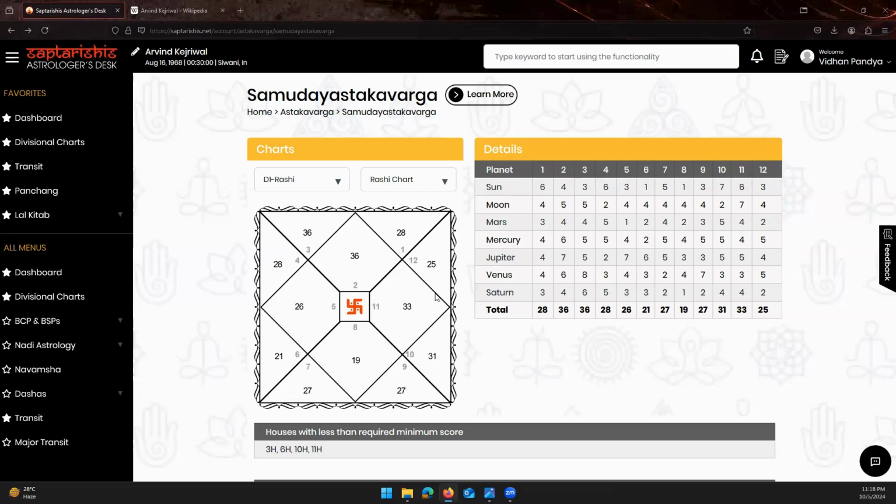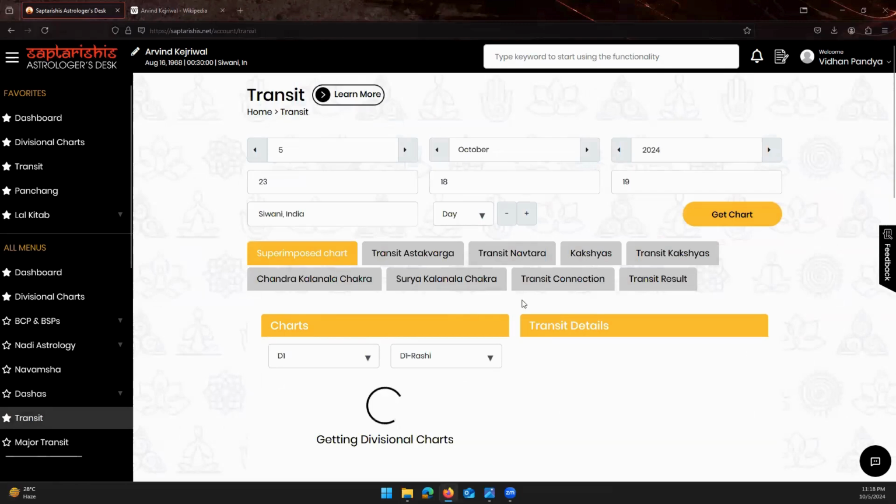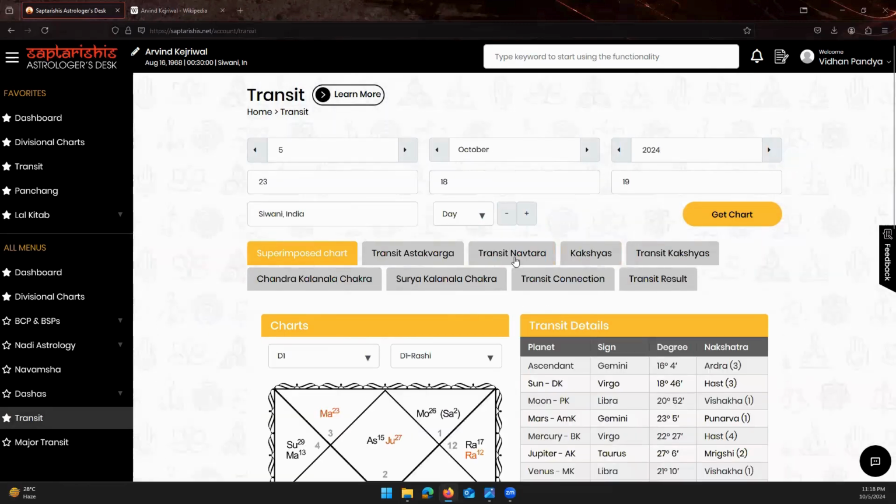Right. So transit is another aspect of all of this Astakavarga. If you go to the transit section, it will tell you the results of transit also.